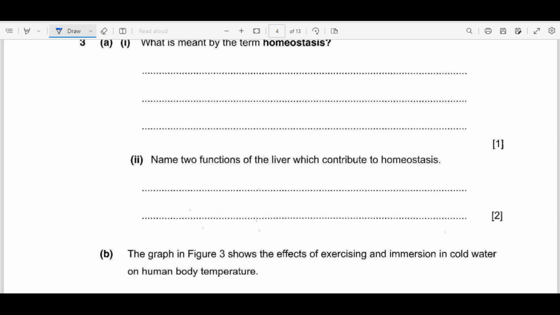So the importance of homeostasis is to make sure that the internal conditions are favorable for metabolic reactions to take place. So the first question is what is meant by the term homeostasis.